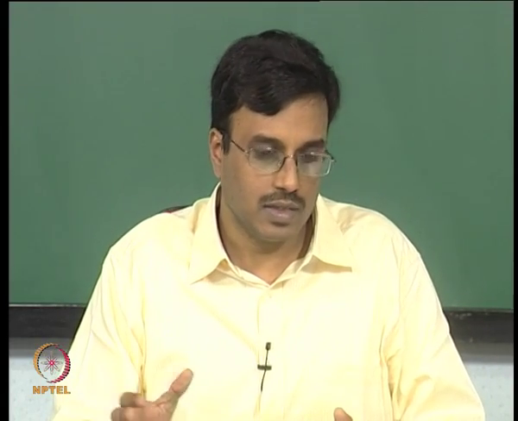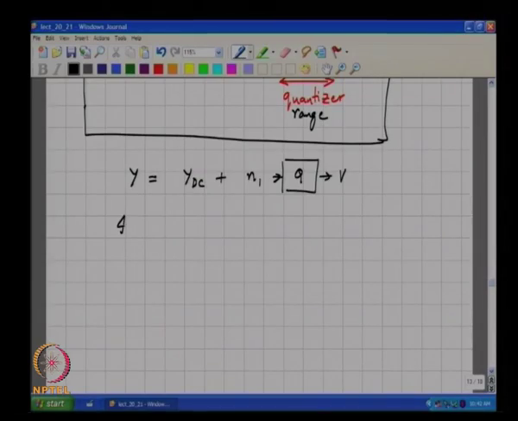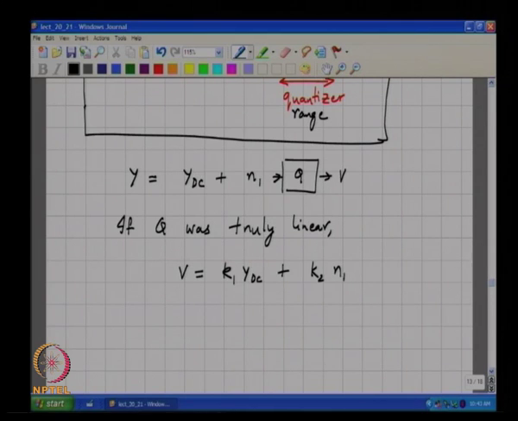If this was truly a linear box, if q was linear, then what does it mean? v must be some k1 times y dc plus k2 times n1, correct.